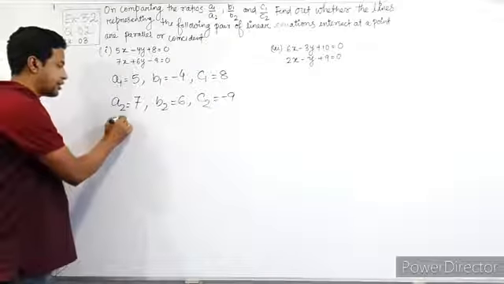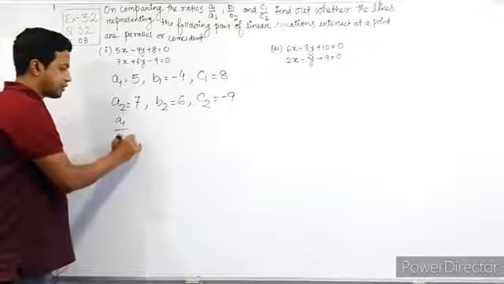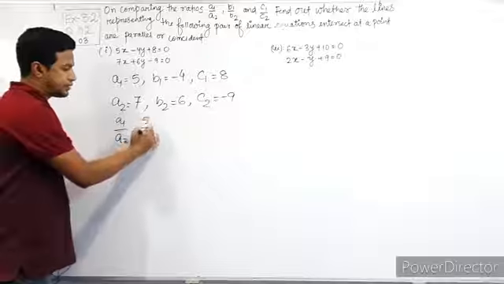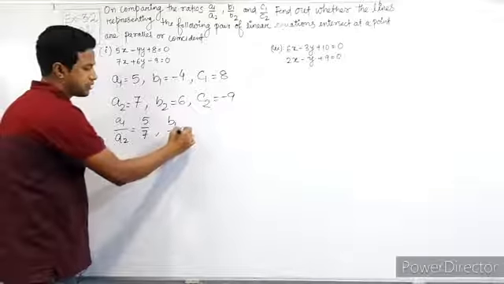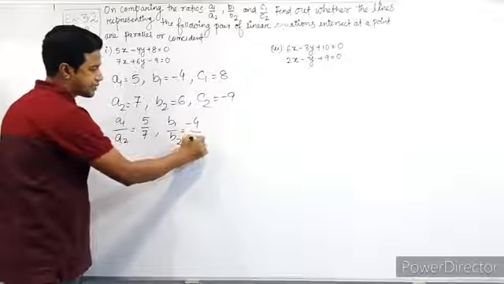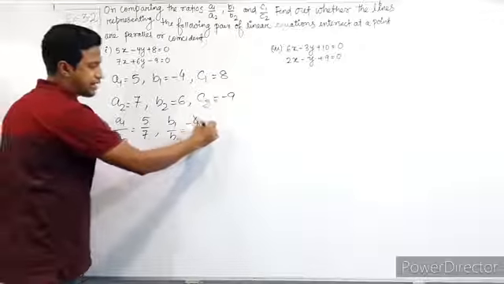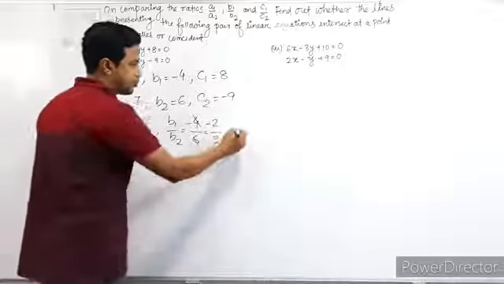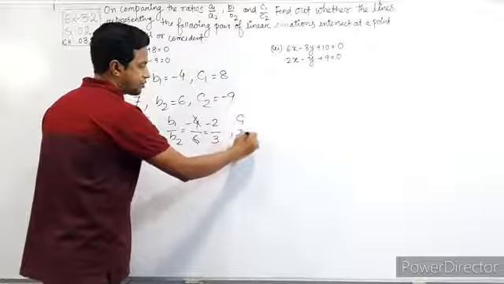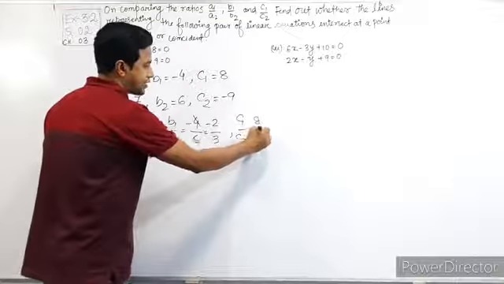Let's find out A1 by A2. So, I got 5 by 7. Similarly, B1 by B2, that is minus 4 by 6. On cancelling with 2, I got minus 2 by 3. And the third one is C1 by C2, that I got 8 by minus 9.